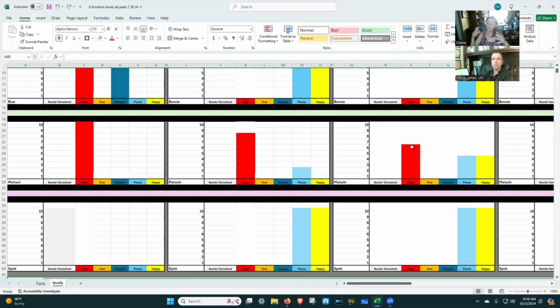But I'm thinking, well, okay, once the new parts stop, then I can go pinpoint the ones with the highest anger levels and then put them out there. But I think what's happening when I'm beating on Ted, the new part's beating on it, but the other ones that are angry as well are going, yeah, yeah. That could be 10 parts at once doing that, not one at a time.